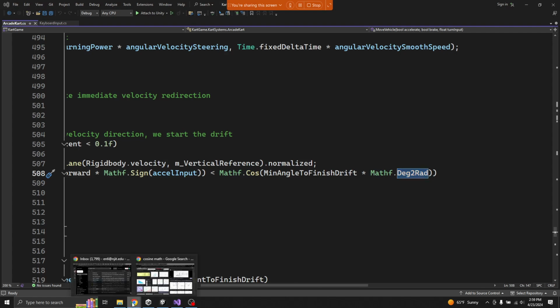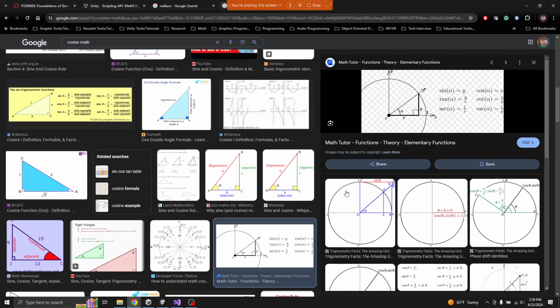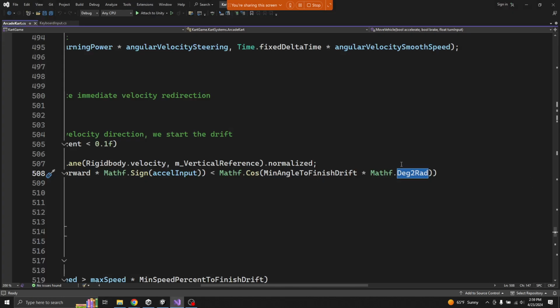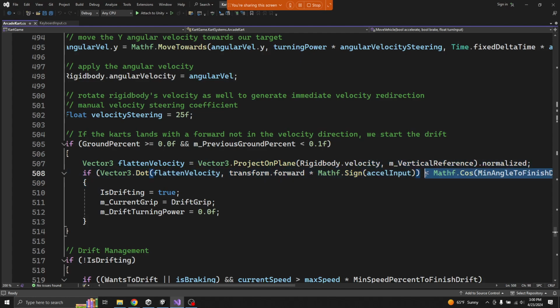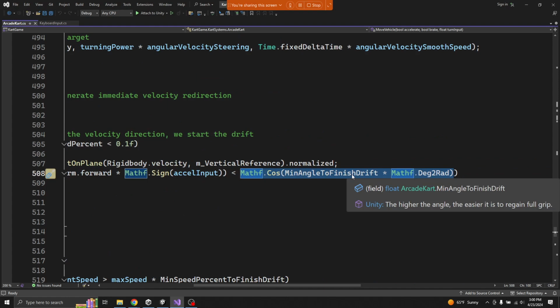So it looks like we're looking at what is 10 degrees, so a really small angle. And a really small angle is going to mean a large positive x and a small positive y, because we're in this top right quadrant of the circle. But what that number is, I don't know. But it gets calculated here. I'm guessing this min angle to finish drift doesn't change.